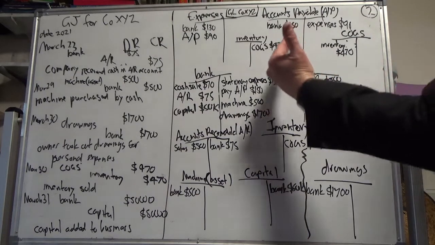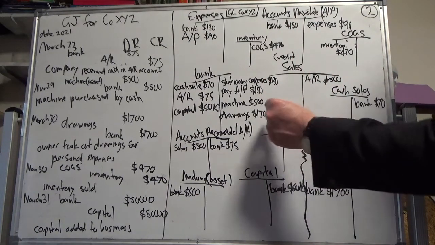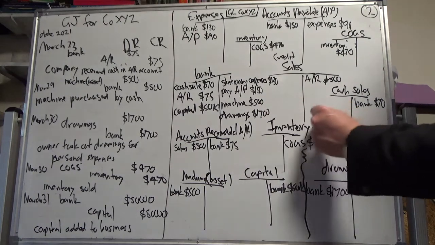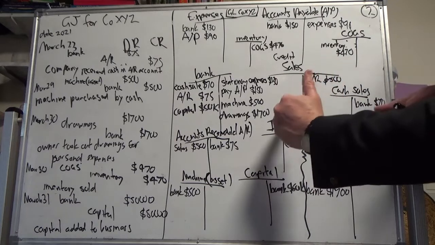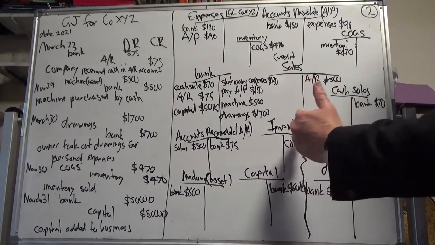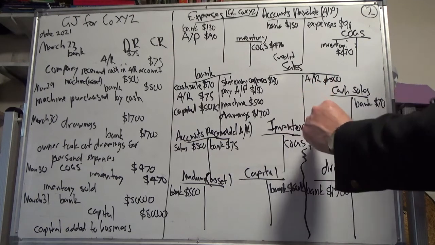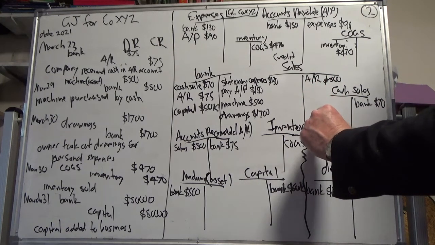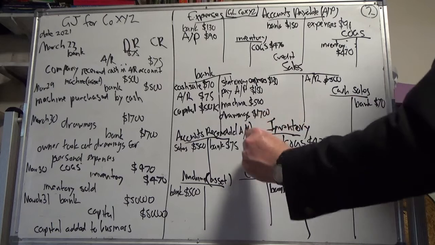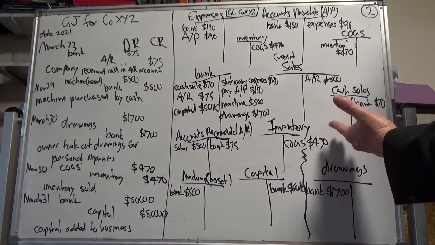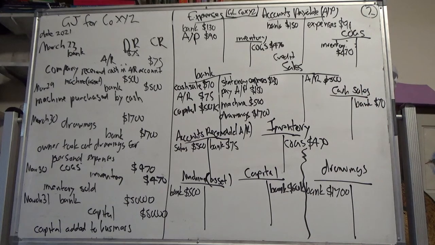So again, add up all your debits, find the total debits, find the total credits. Debits usually equals credits, not always. If debits don't equal credits, find the difference and carry it forward either on the debit side if the difference is on the debit side, or the credit side if the difference in numbers is on the credit side.